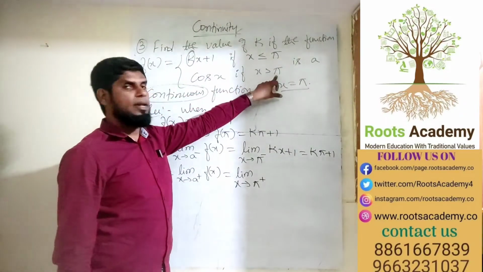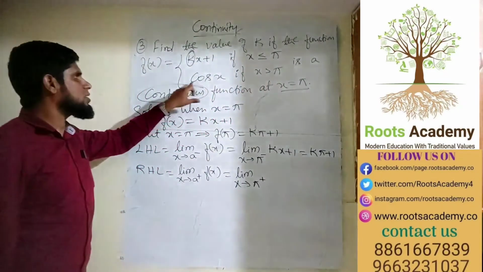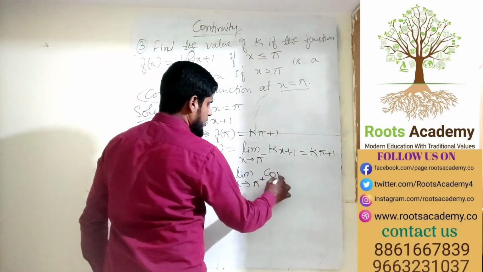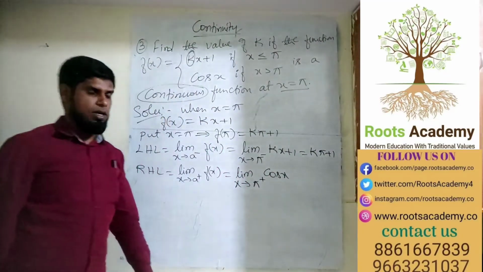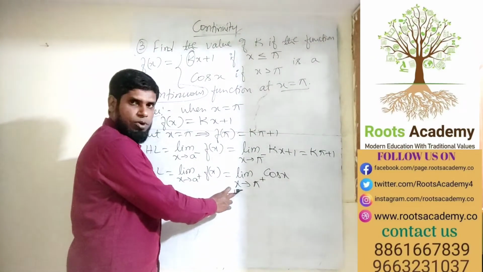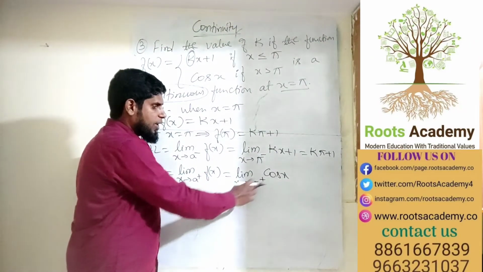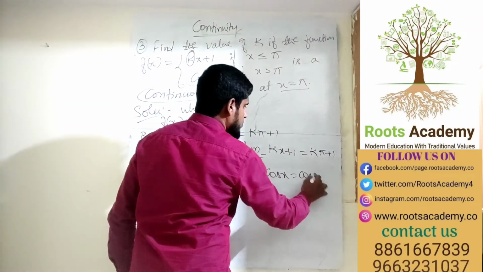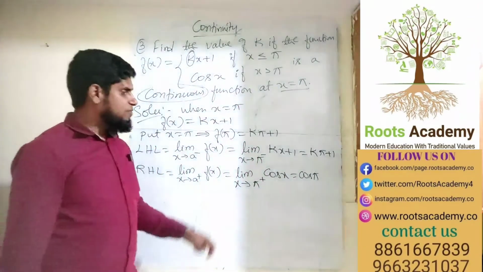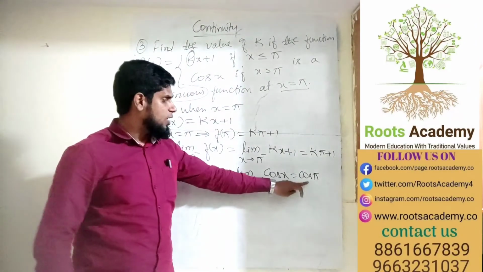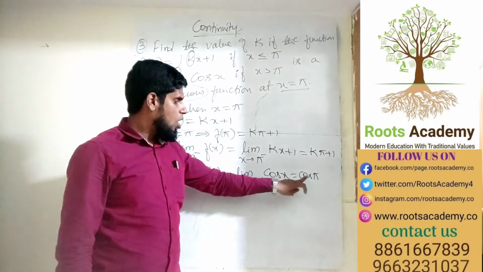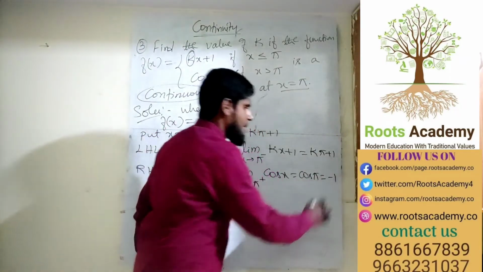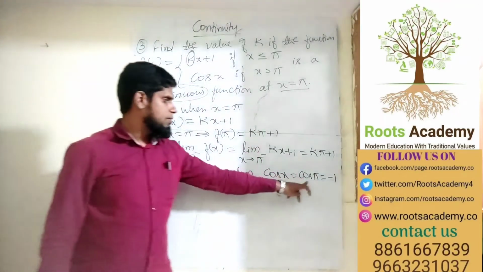Here x is greater than pi, so this is considered the right hand limit function, cos x. Here also x approaches pi. Put x as pi here, so this becomes cos pi. In basic trigonometry, we studied that pi is 180 degrees and cos 180 degrees is minus 1.